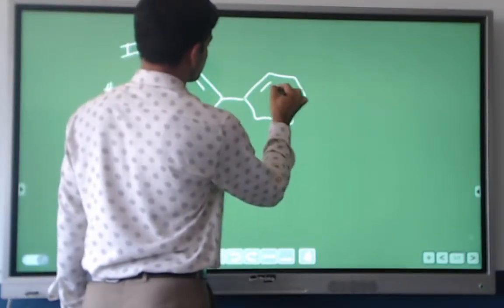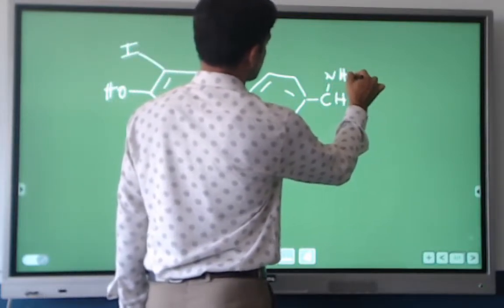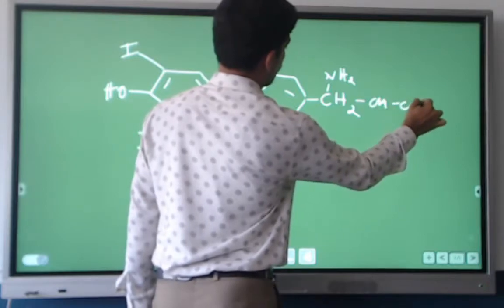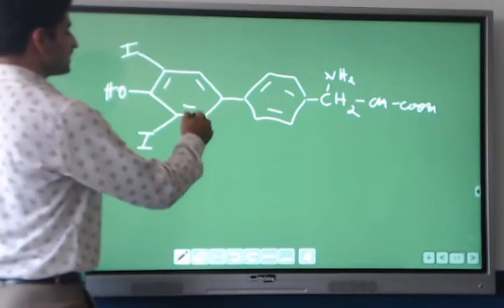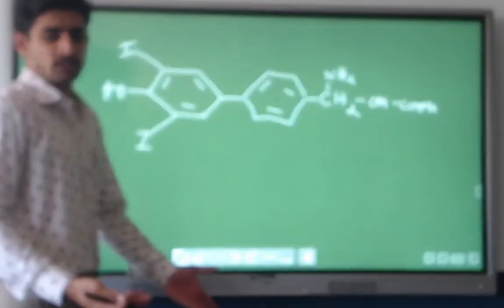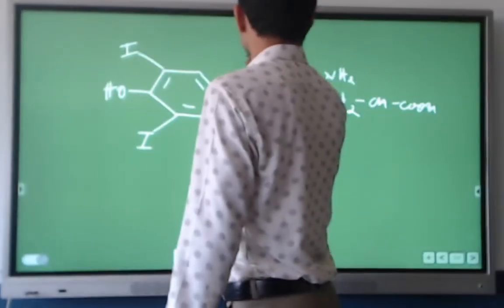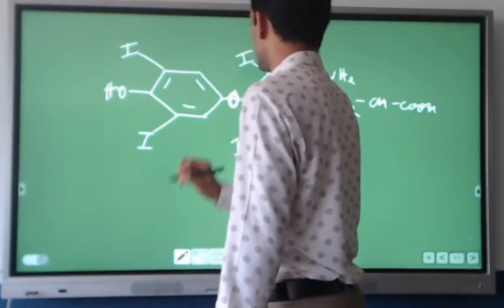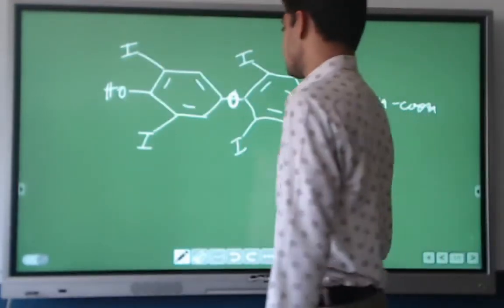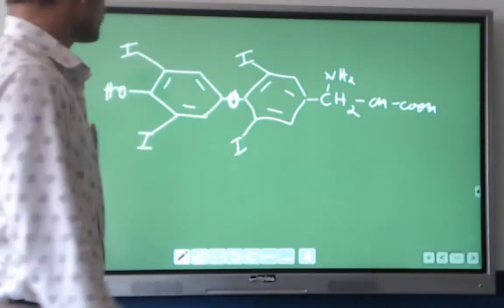Again, there will be a benzene ring with CH2, NH2 group, and COOH group. This is the basic structure of thyroxine, with oxygen at the center.